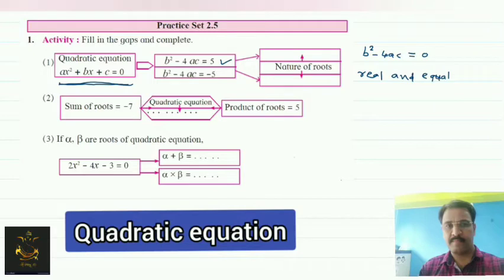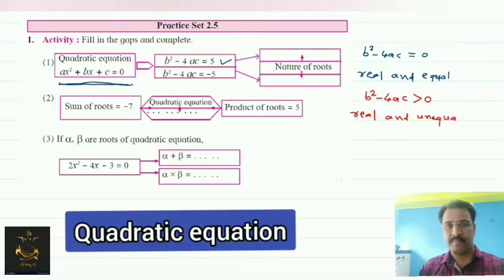Now suppose b square minus 4ac is greater than 0, then roots are real and unequal.